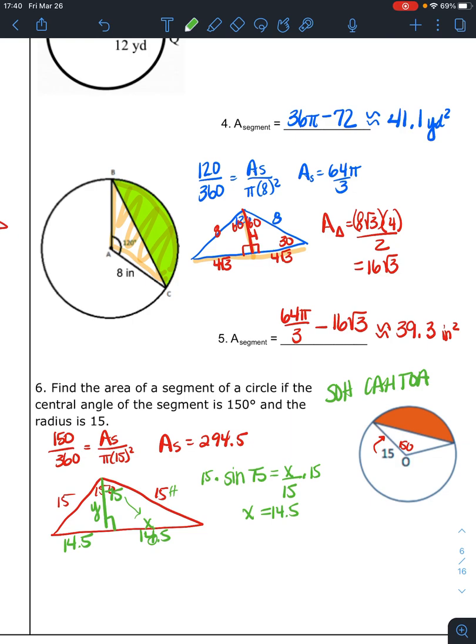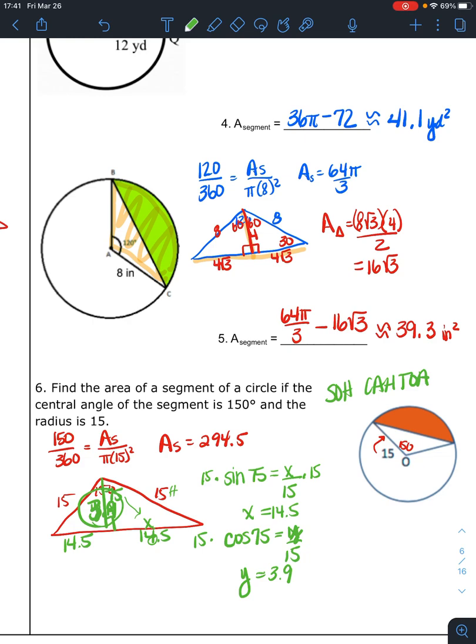Then we need y. Do the exact same thing, except that y is adjacent. So you would use adjacent and hypotenuse, so cosine. So the cosine of 75 is equal to y over 15. Multiply both sides by 15. And you get that y is 3.9. So this is 3.9 right here.